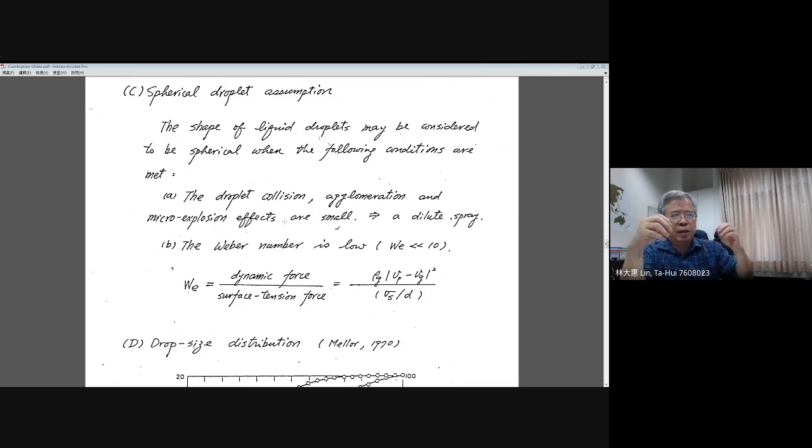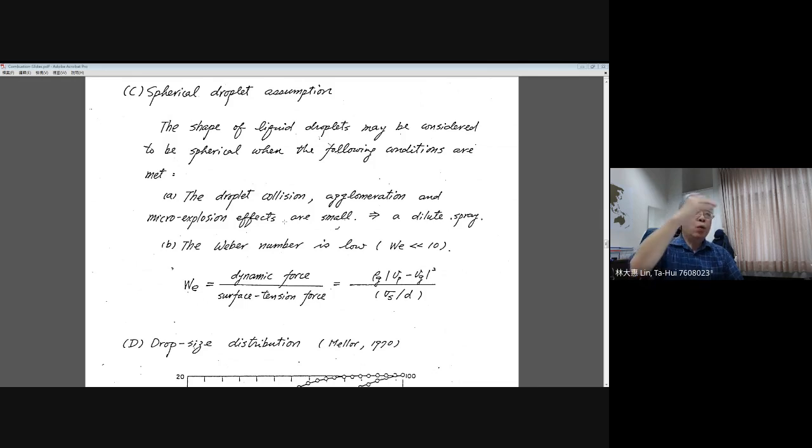In the process, the droplet size always changes, and in the breakup process, the droplet cannot retain a spherical shape. By considering those influences, if they are small, then we will think the droplets are spherical. That assumption is applicable for regions with less dense spray, that means the spray is dilute.